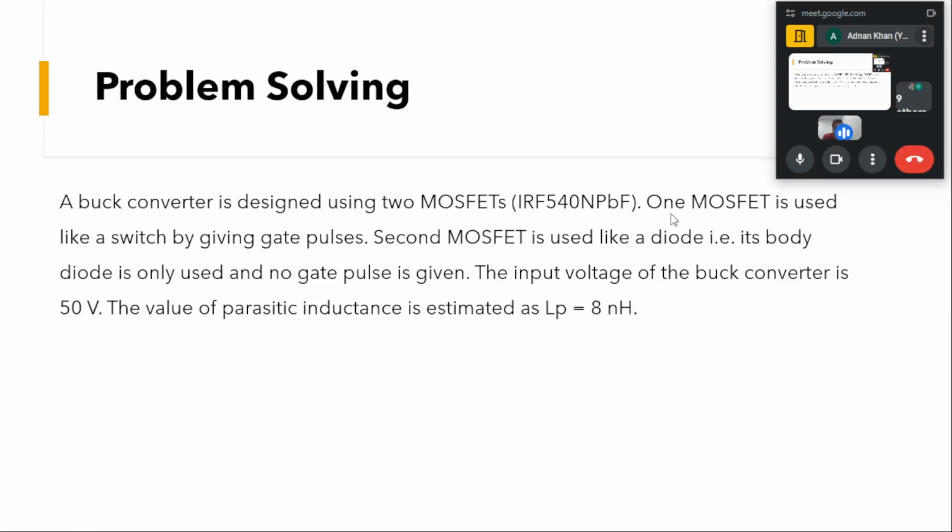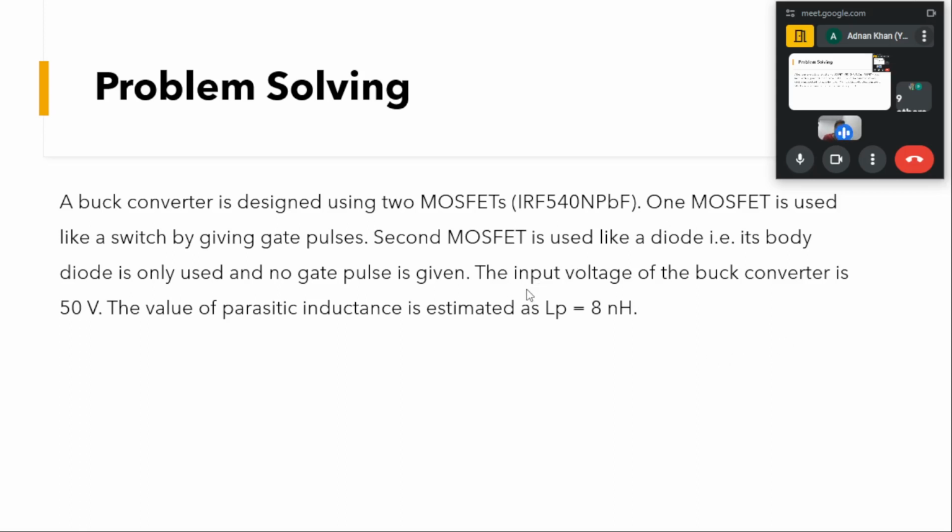What is being done is one MOSFET is used like a switch by giving the gate pulses. The second MOSFET is used like a diode, that is, only its body diode is used and no gate pulse is given. So despite having two devices, MOSFETs, the gate pulses are given to only one device.